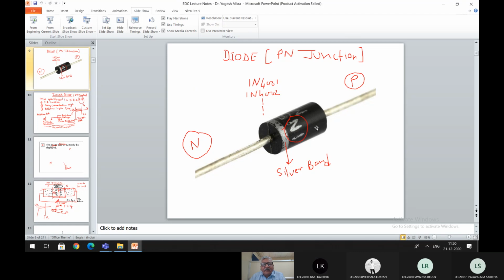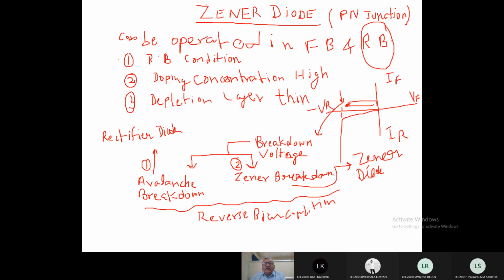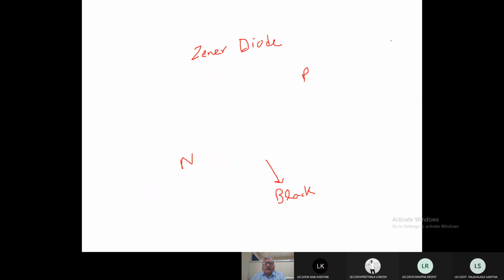So here you find the silver band. The silver band indicates this is the N region, N type. This terminal is N type, right? And you can find this silver band here. This band indicates this is the N terminal. And on the other side, there is no silver band, so this indicates this is P type.